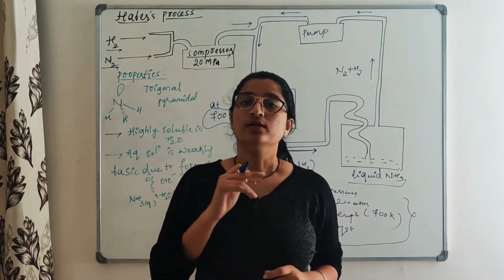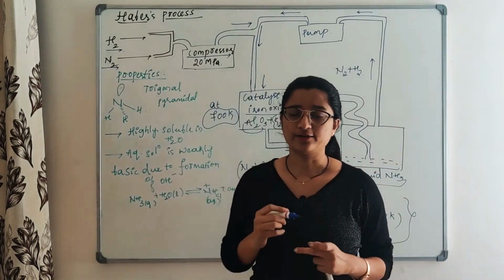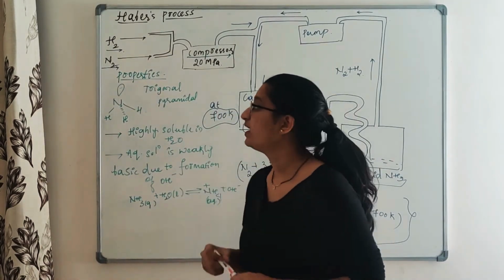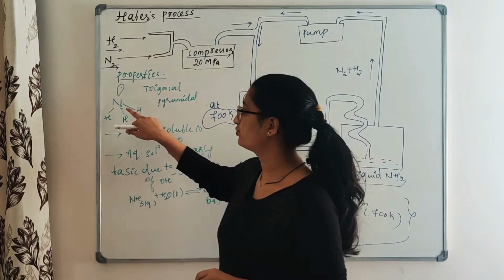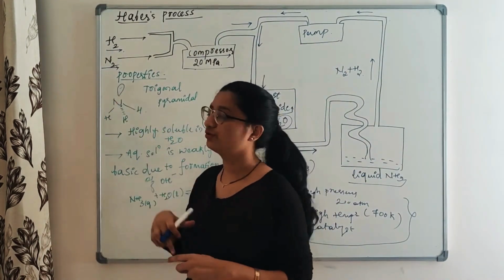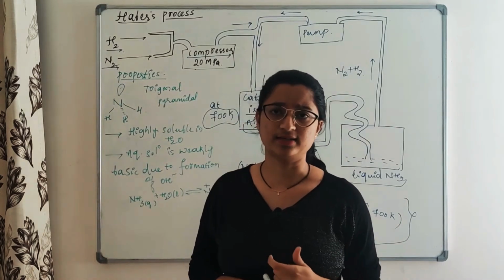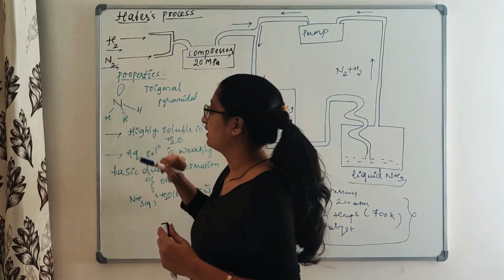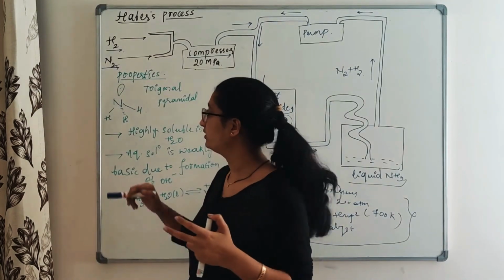Okay. Next, the next thing that we are going to study is the properties of NH3. As you know, the nitrogen has a lone pair of electrons, and the lone pair makes it a Lewis base, that is, something which accepts H plus ions here.